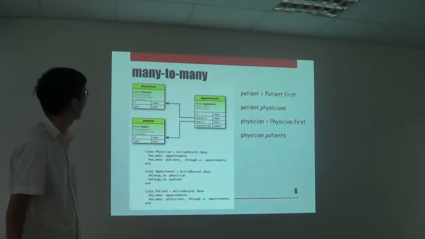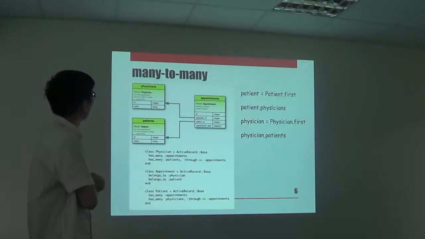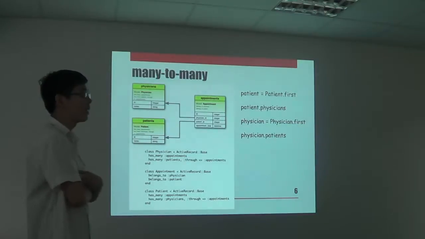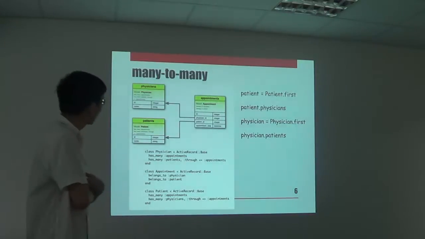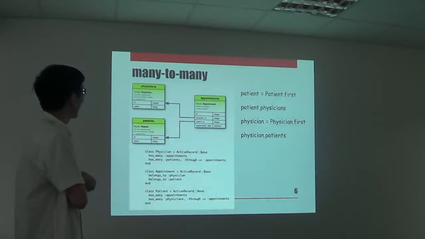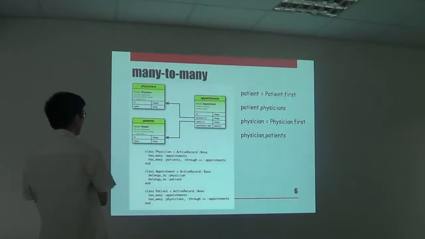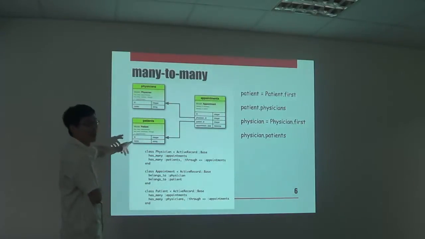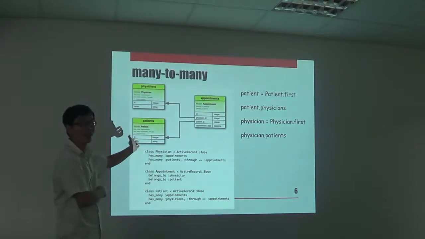So the third kind of relationship is many-to-many relationship. Actually, this relationship is a little complicated. So, for example, we have here a patient who will have an appointment with physicians, a doctor.